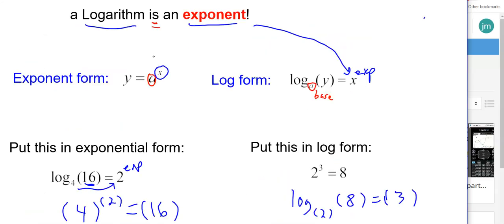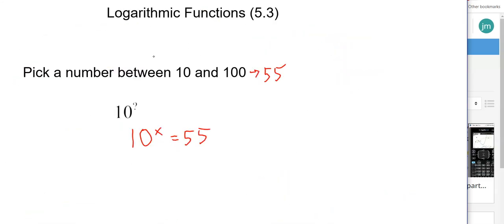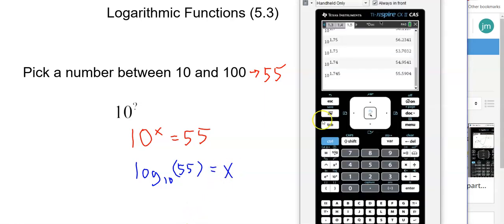I want to go back to the first problem we had. So if you want to solve this one, we could put it into log form. We could say log base 10 of a number, 55 in this case, equals the exponent x. So if we had just typed into our calculator log, where's the log key? Above 10 to the x.